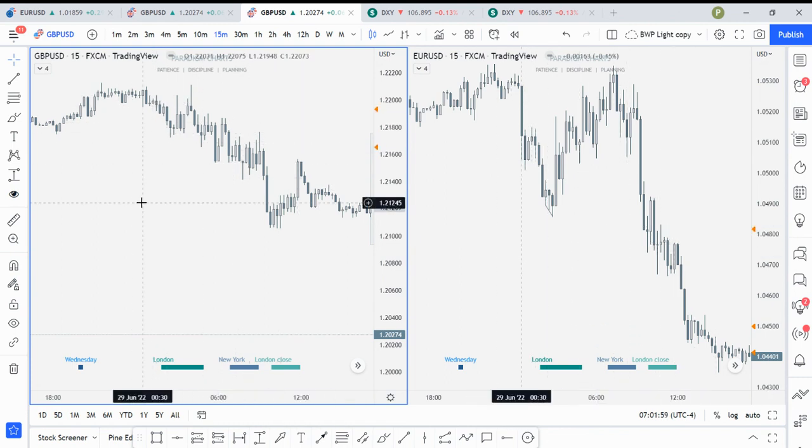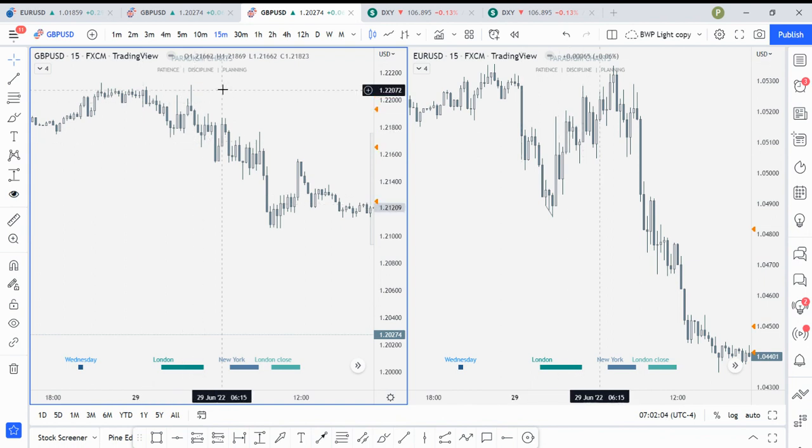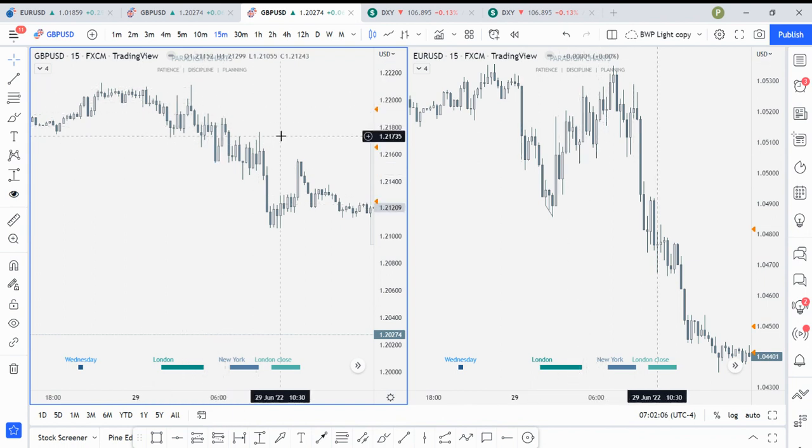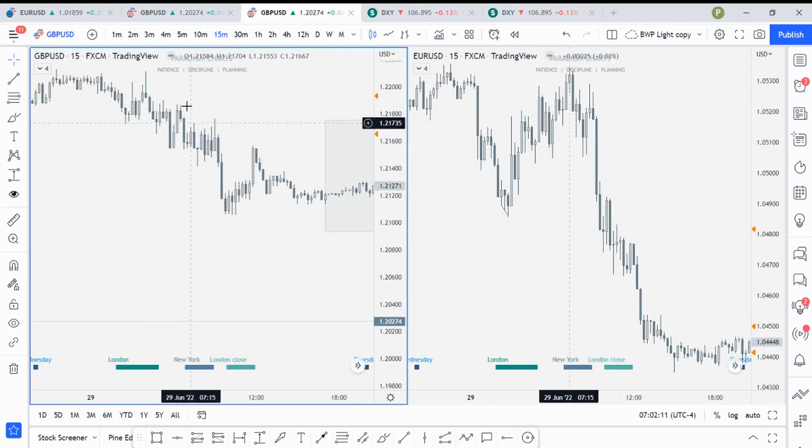There are only a few times that you won't see this, especially when there is some kind of divergence. When there is some kind of divergence, that's when you most of the time see that.